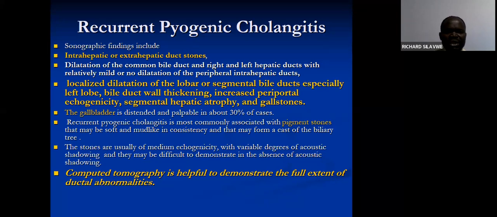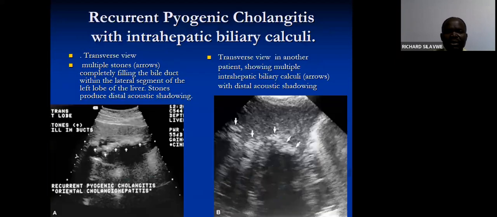The stones are usually of medium echogenicity with variable degree of acoustic shadowing, and they may be difficult to demonstrate in the absence of acoustic shadowing. So this is what we are talking about.